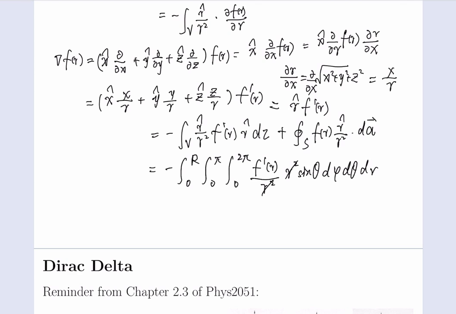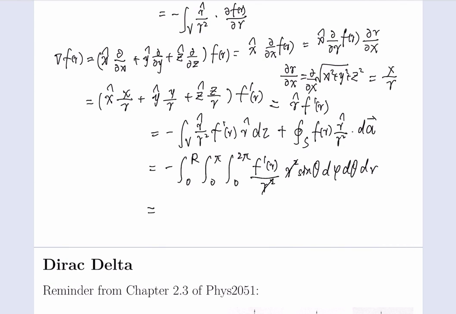And let's look at the second term, the second surface integral. The surface integral should only be an integral of theta and phi, because r is kept as a constant, and we are looking at the integral over the surface with a constant r.